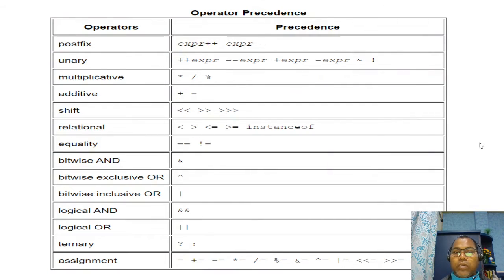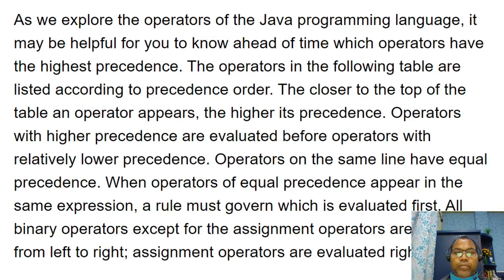So these are the set of operators that Java as a programming language supports, and you should also know the precedence order, which operator evaluates first when your statement has multiple operators. Here I have explained the same things.